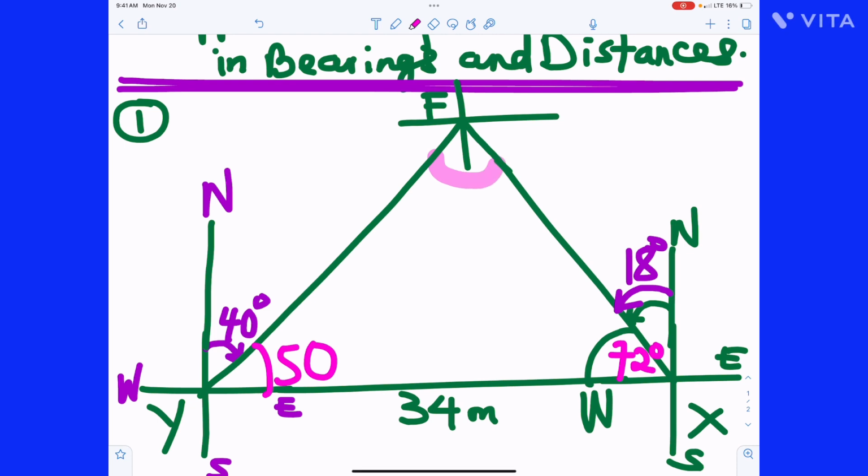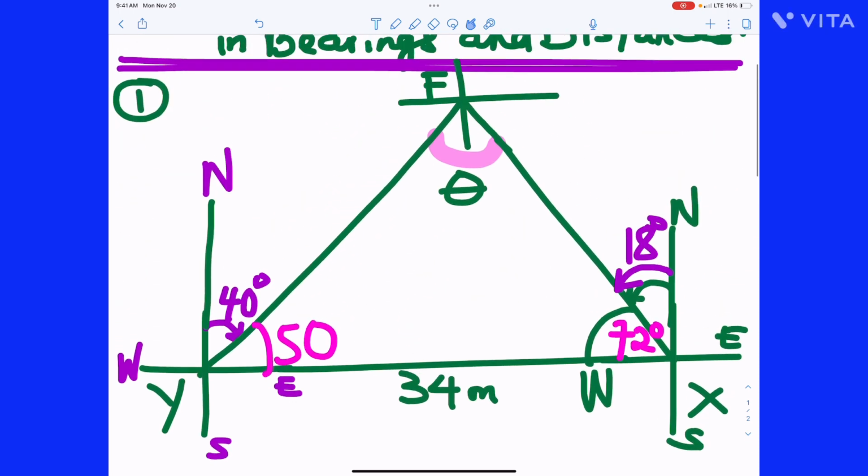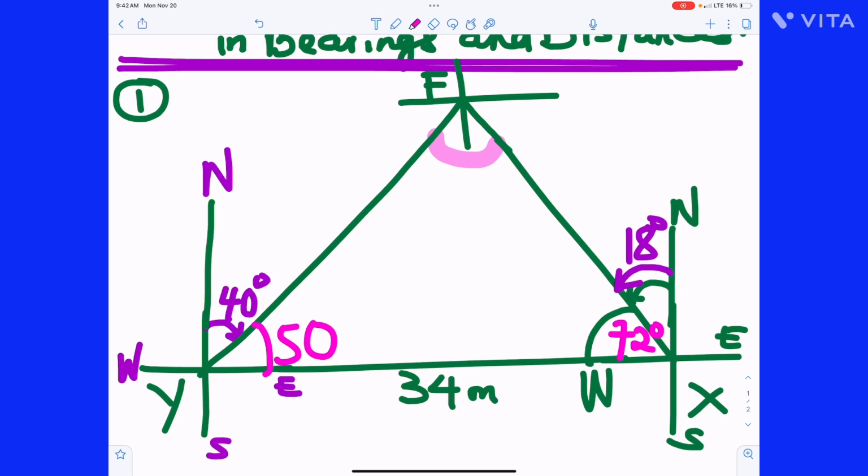If I call this place theta, just temporarily, I can say the sum of angles in a triangle is 180. So this is a triangle: F, Y, X is a triangle. The sum of angles in a triangle is 180. So that will help me get my theta.